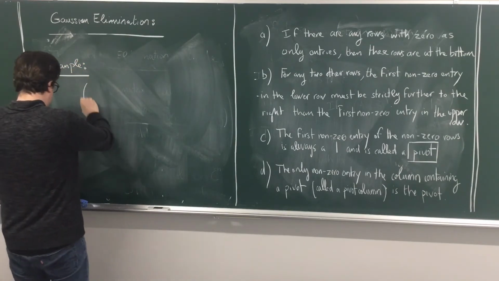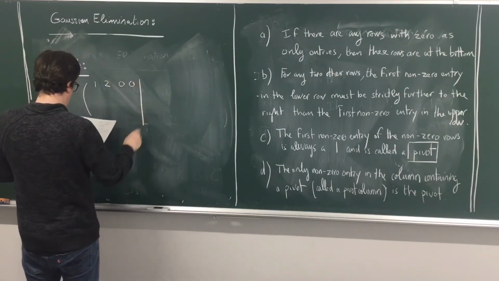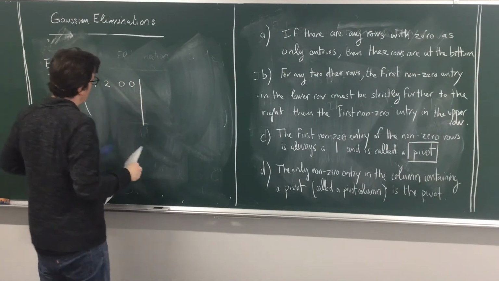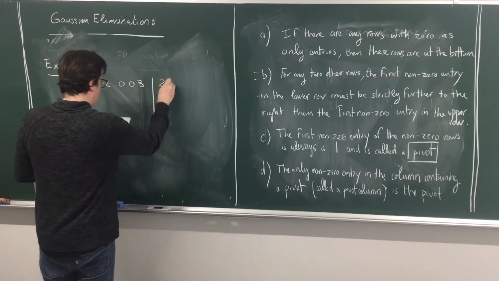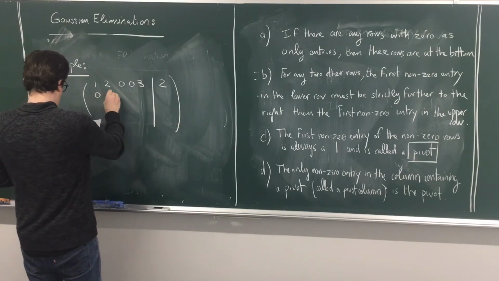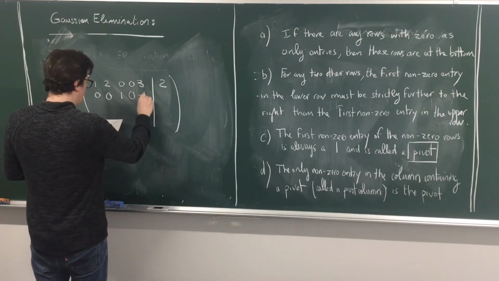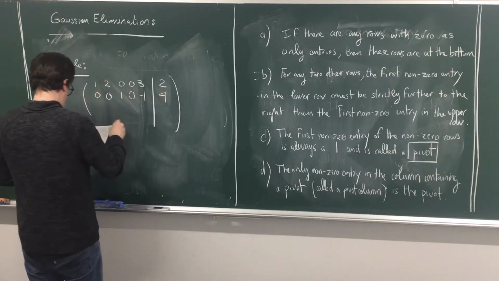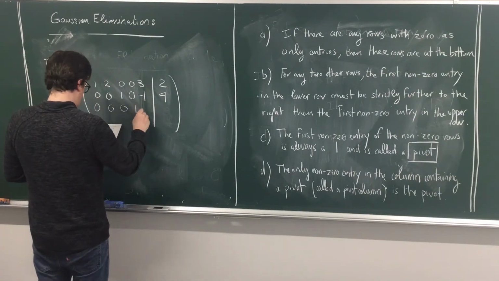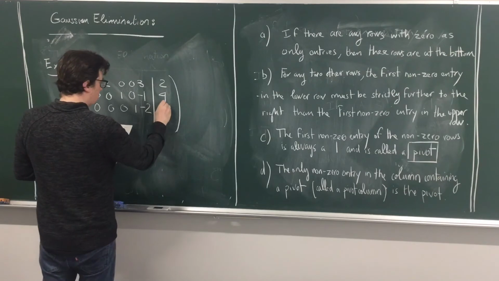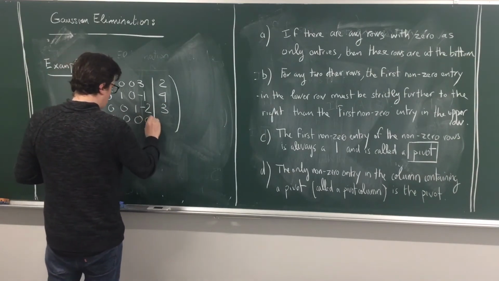We consider the matrix 1, 2, 0, 0, vertical bar, 1, 3, vertical bar 2, and then 0, 0, 1, 0, minus 1, 4, 0, 0, 0, 1, minus 2, 3, 0, 0, 0, 0, 0, 0.